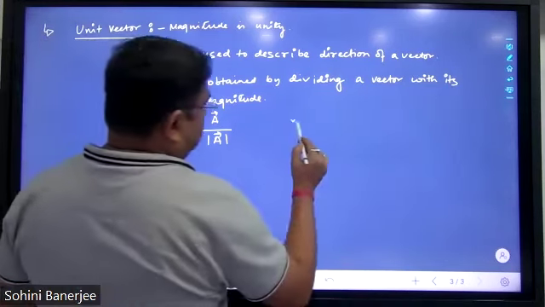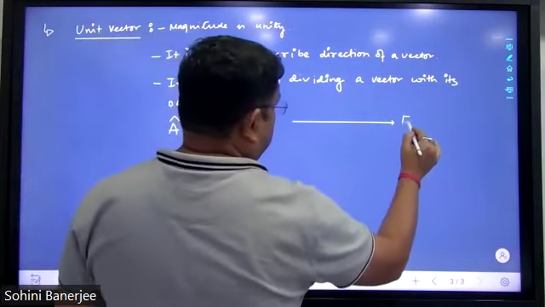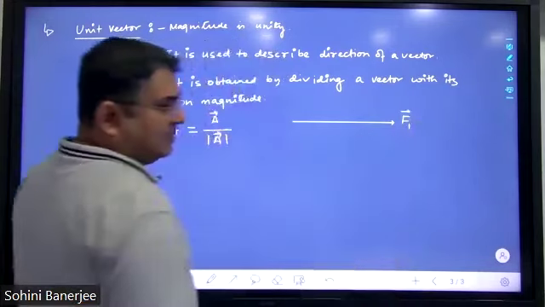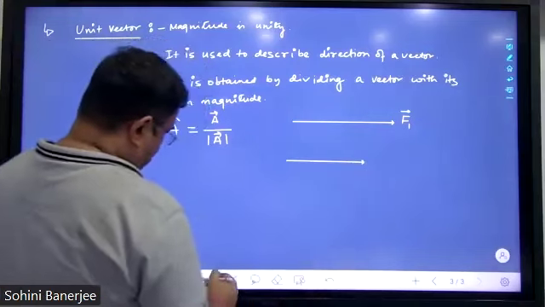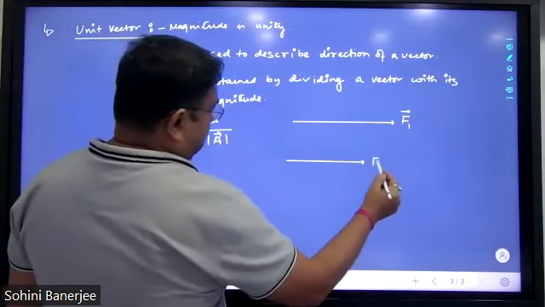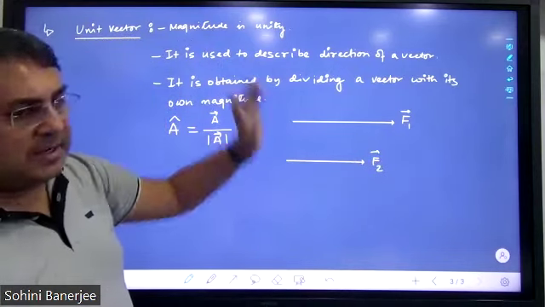Now, as I stated that it is used to describe direction. Suppose this is F1. Whatever be the magnitude, you don't bother. Suppose this is a vector F2. So F2 is having same direction that of F1.